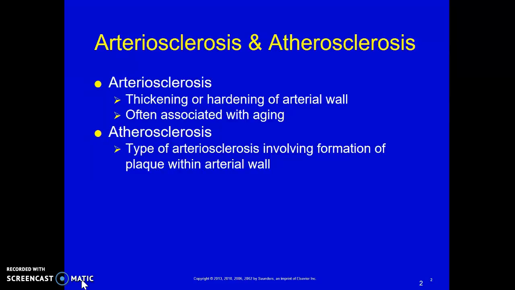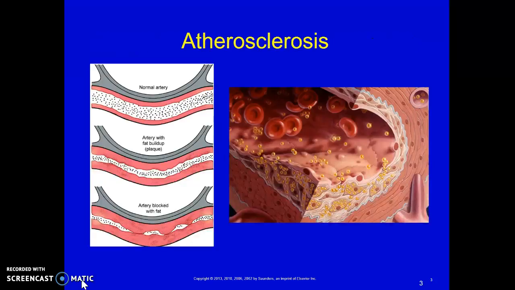And arterial sclerosis is a thickening or hardening of the arterial wall that is a normal process that comes along with aging. So be sure when you're seeing those terms that you're clear on the differences of what those mean.